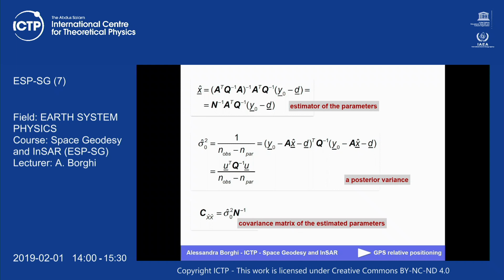So this quantity is the residual vector. In fact, you see the observation minus the estimation.